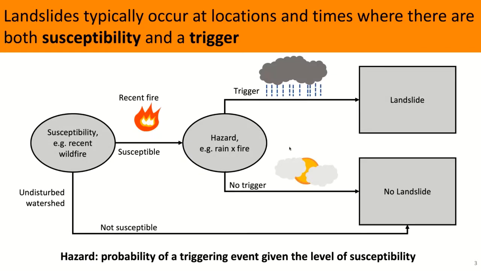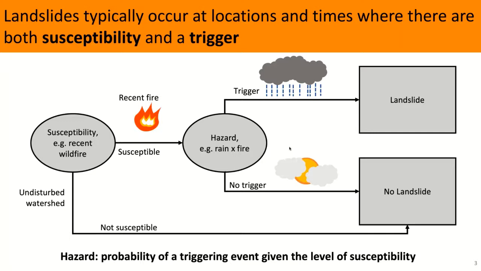So landslides occur when there's both susceptibility and trigger. So what that means here is the susceptibility in this case is something like a recent wildfire, and the fire makes it more likely perhaps that a landslide will happen, but it doesn't actually cause the landslide by itself usually.